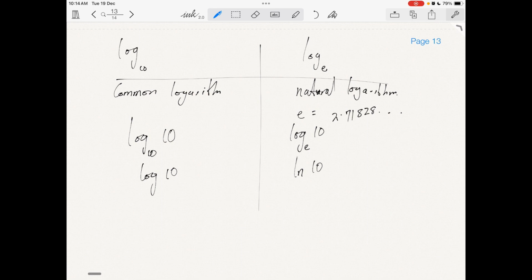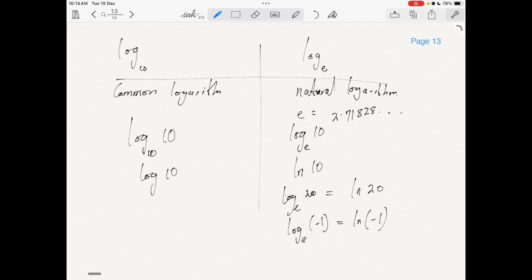So I'm saying that log to base e of 20 is equivalent to ln 20, and log to base e of say minus 1 is equivalent to ln minus 1.